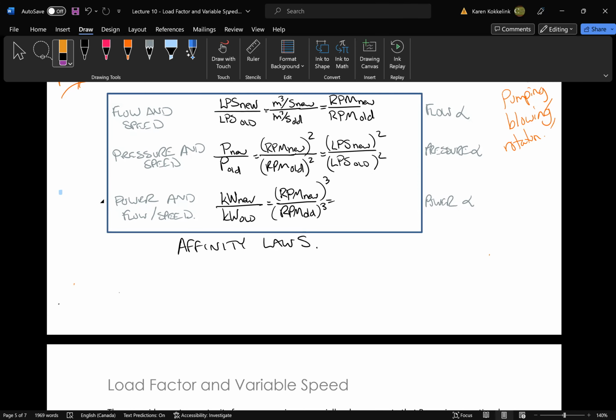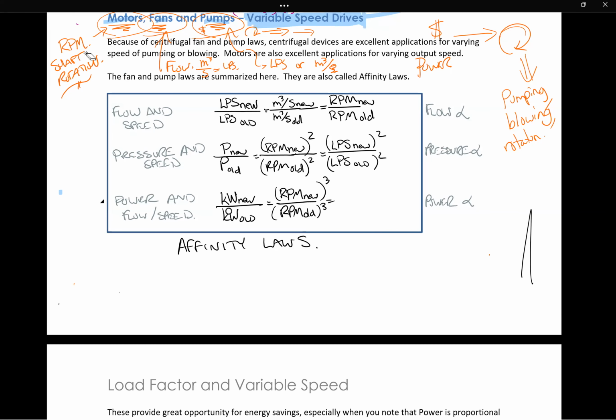We can do our flow in meters cubed per second, or in liters per second. And these are the affinity laws for pumps and fans.